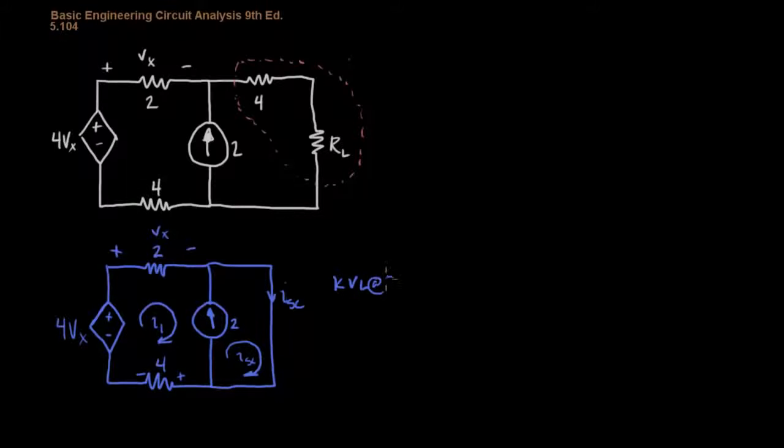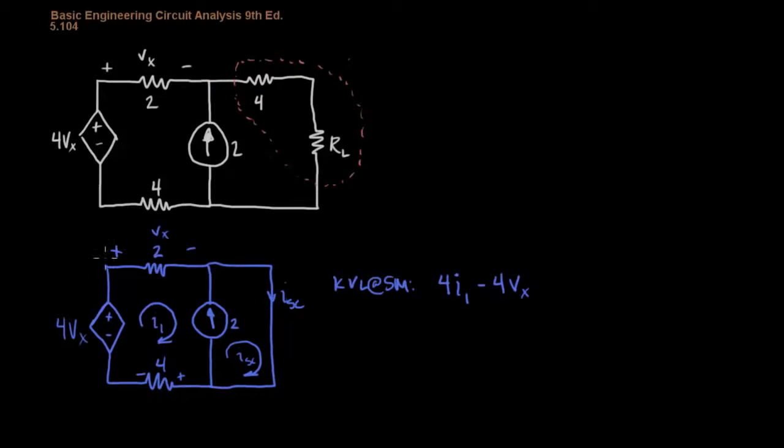at the super mesh, and I'll start down here and work my way around. So the first thing we do is we go through the positive terminal of the 4 ohm resistor, and that's 4 times I1. And then we go through the negative of 4 Vx.